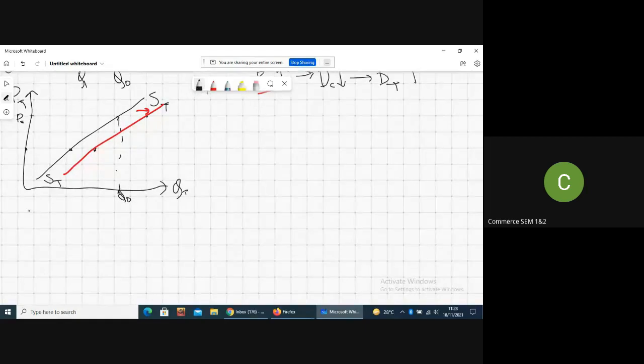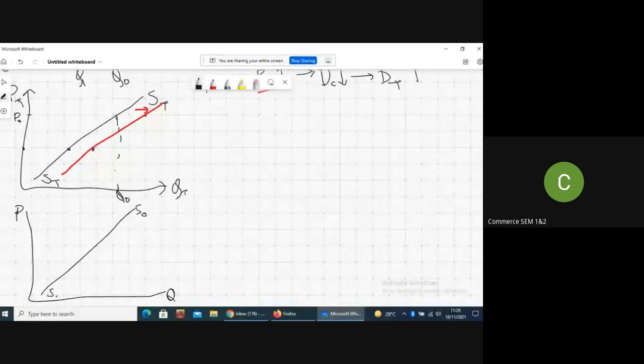So tell me, what will happen if technology becomes better, or an improved version of technology arrives in the market? How will the supply curve change? This is the initial supply curve of any commodity, the supply curve of tea itself.